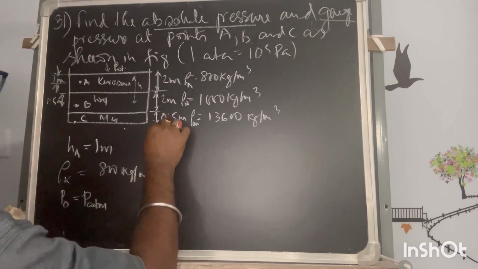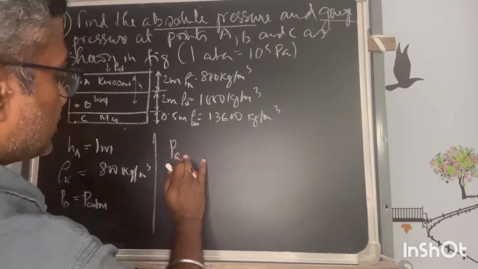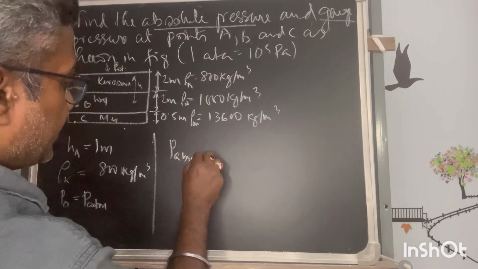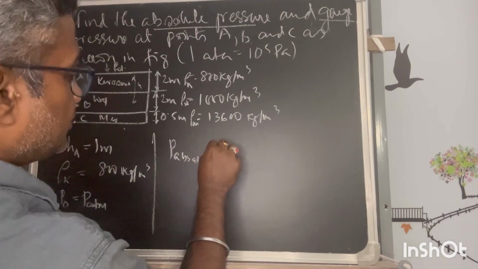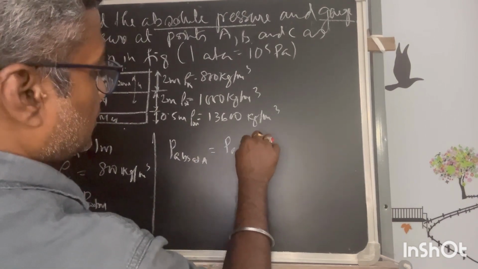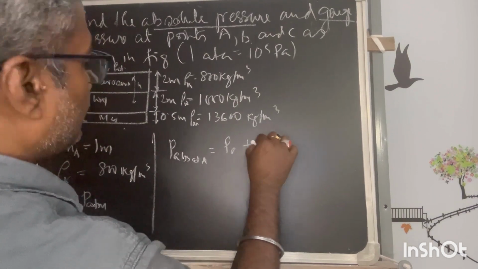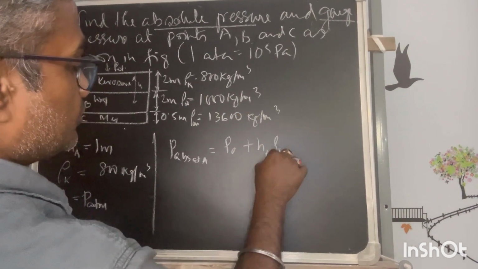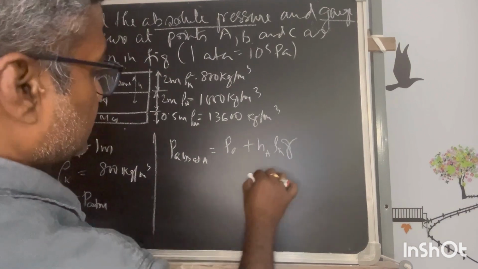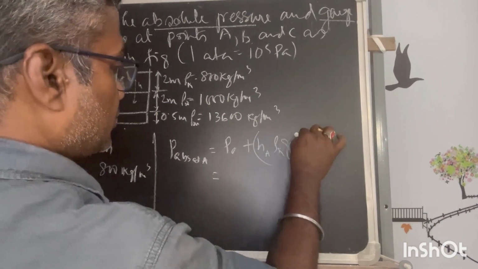So the absolute pressure at A is equal to P atmospheric, that means P0, plus h of point A times rho of the liquid, that means kerosene, times g. This part is your gauge pressure.